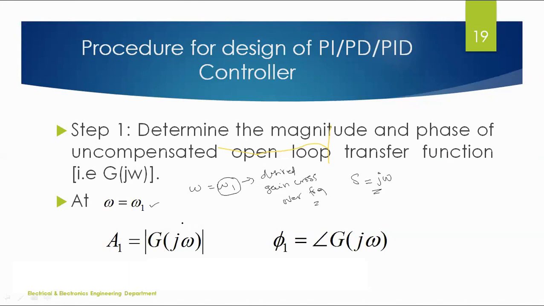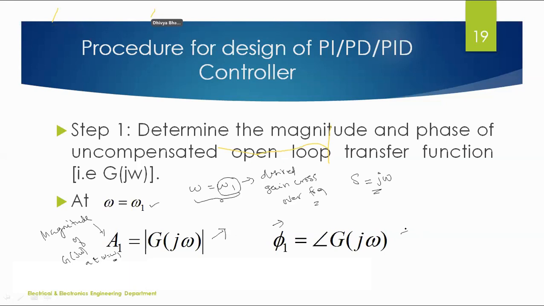After substituting omega equal to omega 1, we will get A1 and phi 1. A1 is nothing but the magnitude of G of j omega at omega equal to omega 1.